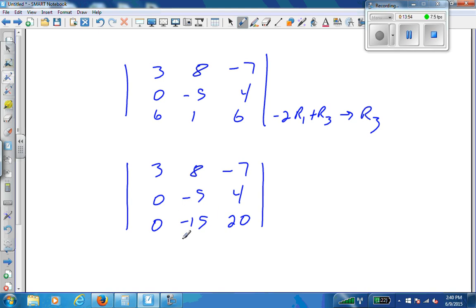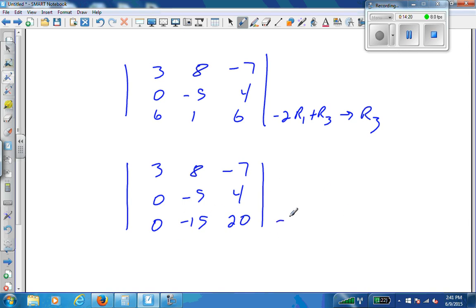If we want a 0 here, we need to multiply this times negative 3. Or, we don't necessarily have to, but we could reduce this. Both of these have a 5 in common. We can multiply that by a 1/5, divided by 5. But let's just go ahead and get a 0 here.